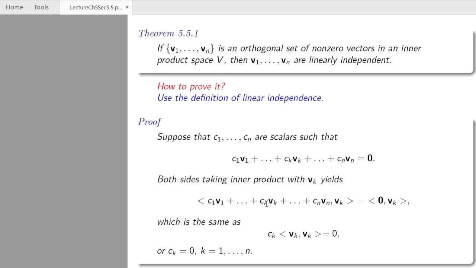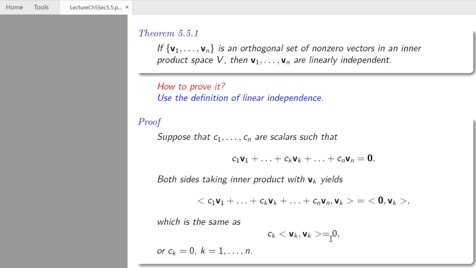In this case, we can move the constant ck to the front and get the inner product of vk and vk. The rest of the inner products are 0. The right side is simple because that's the inner product between 0 and vk. That's 0.